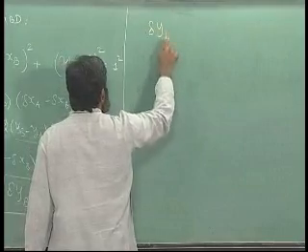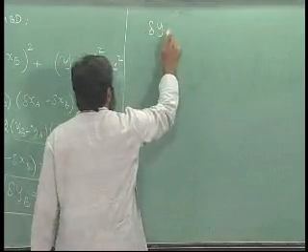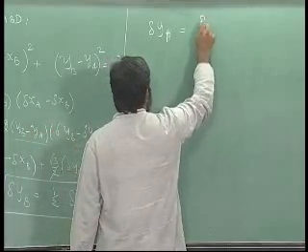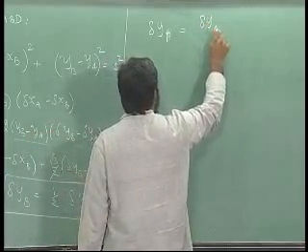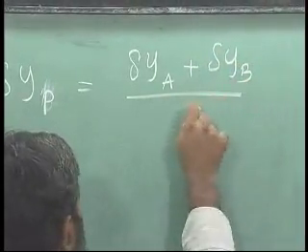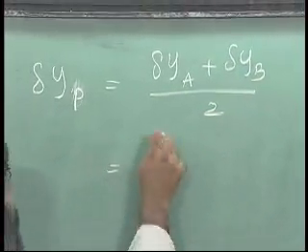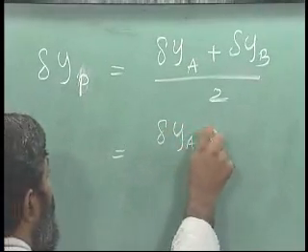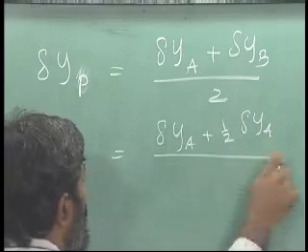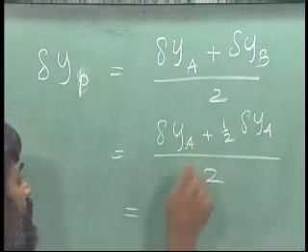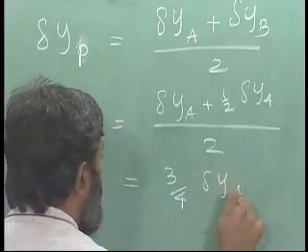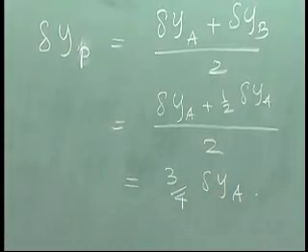Delta yp is equal to, since it is midway, delta ya plus delta yb by 2, and that is equal to delta ya plus half of delta ya divided by 2, and that is 3 by 4 delta ya. Alright.